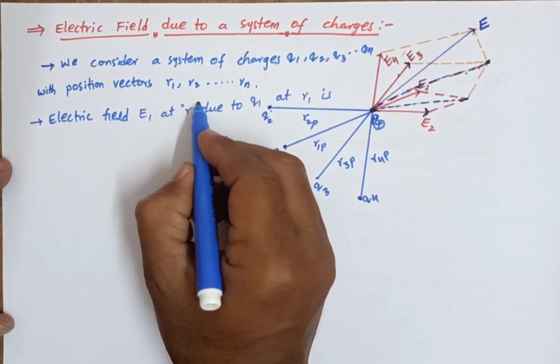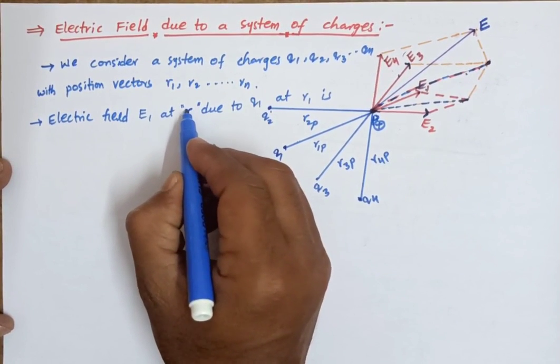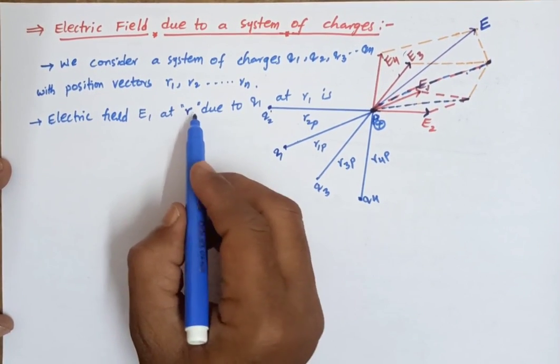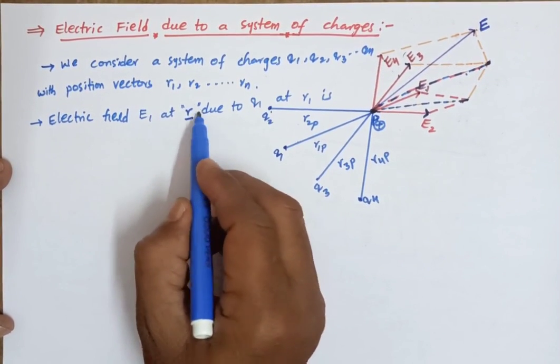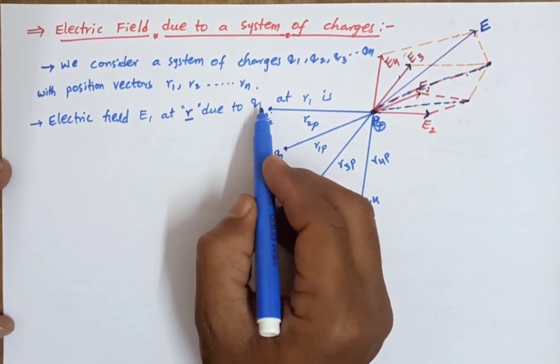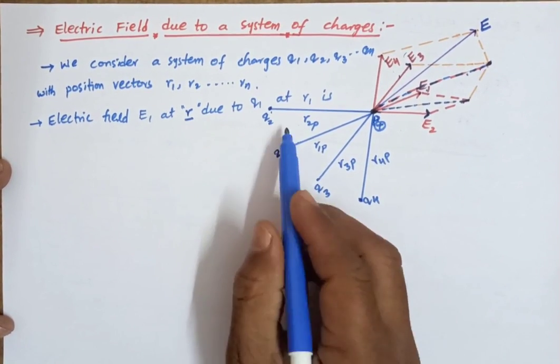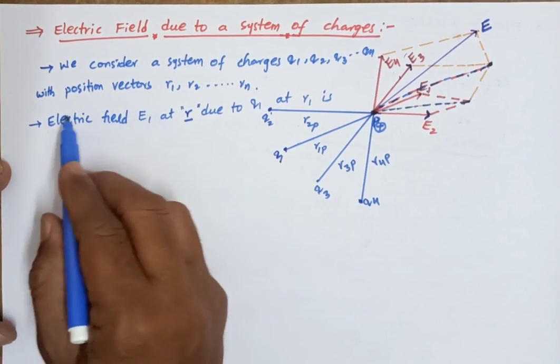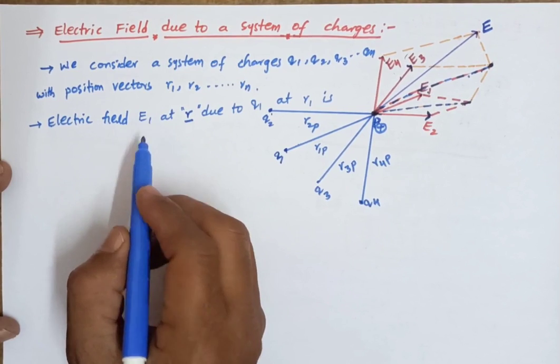R is the position vector of point P from the origin, and Q1 is the first charge, which produces the electric field E1.